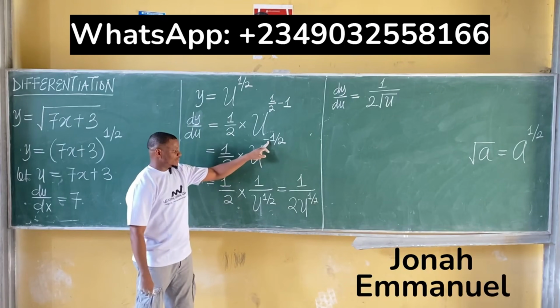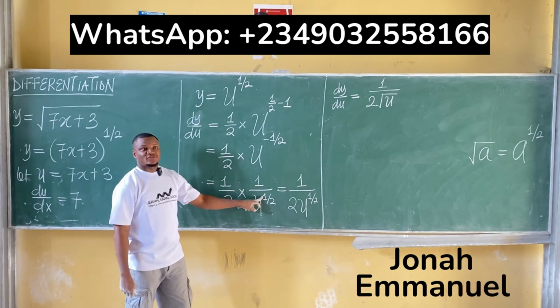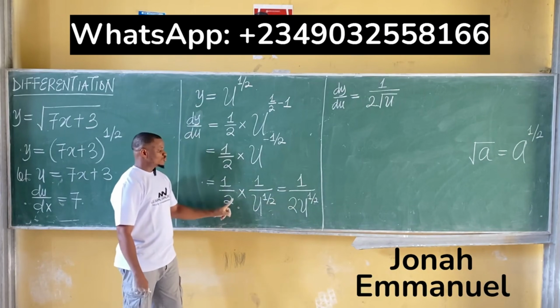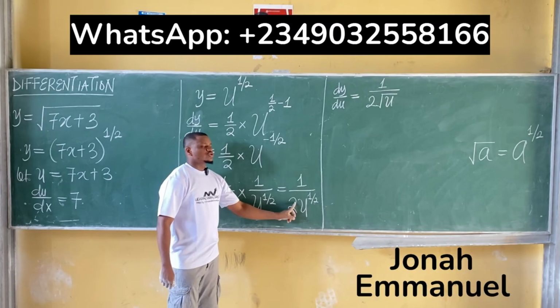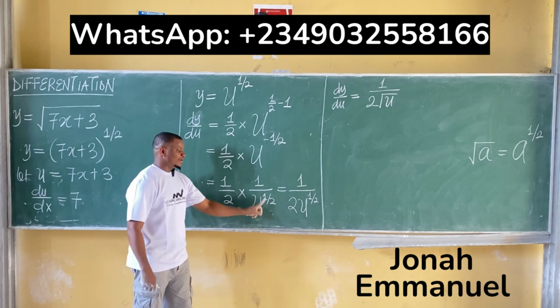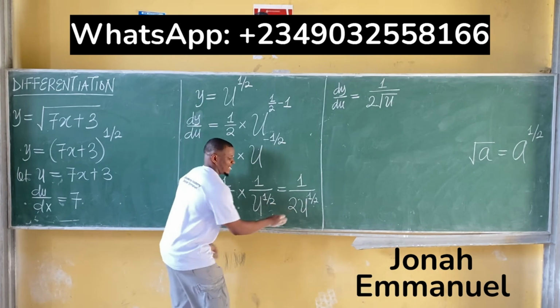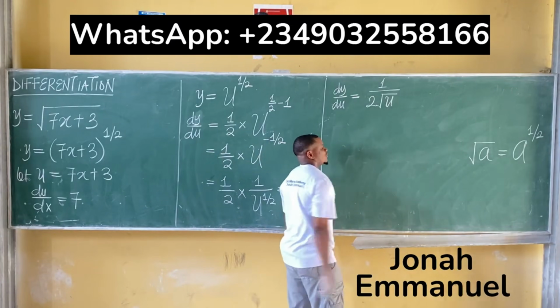To remove the negative, take the inverse: 1 all over, negative is off. 1 times 1 is 1 all over 2 times u to the power 1 over 2. And I said, whenever you have something to the power 1 over 2, it's written as the square root of that thing.